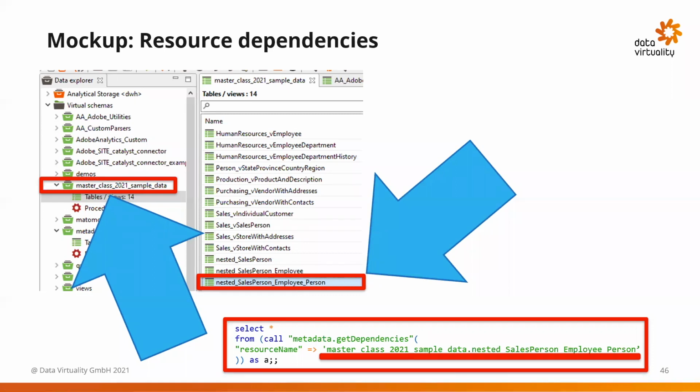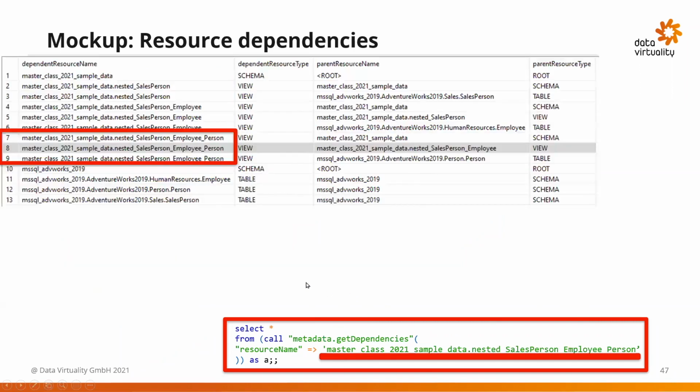The way we're going to do that is we're going to execute a call. Once the user has selected these, we're going to execute a call to metadata get dependencies with the complete name of this resource, right? So it'll include the schema, a dot, and the name of the view. And what you're going to get back from this stored procedure is this list of data, right?